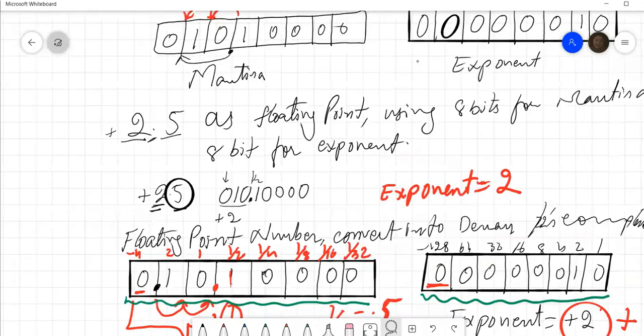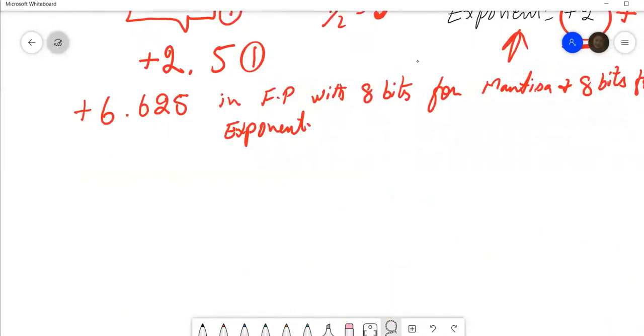So how to do this? Now very carefully look at the steps. First of all, find out the 6. How do we represent plus 6 as a binary number? So it is 0, 1, 1, 0.